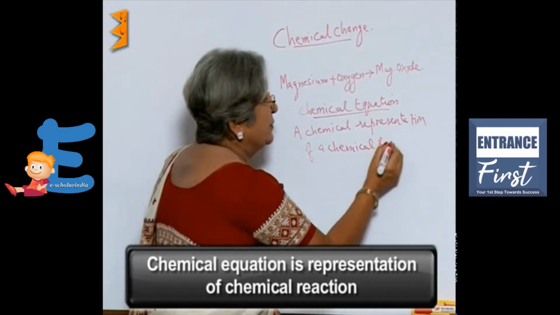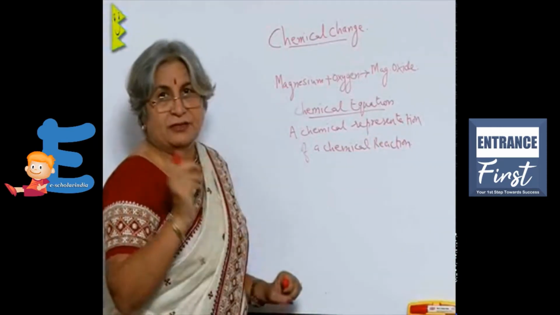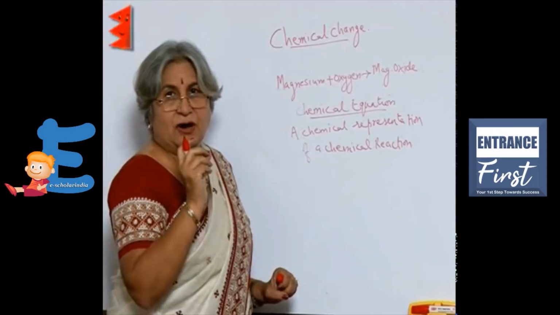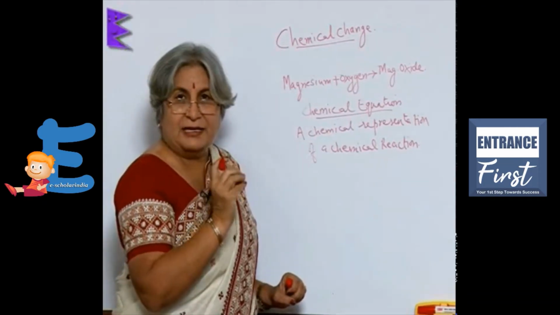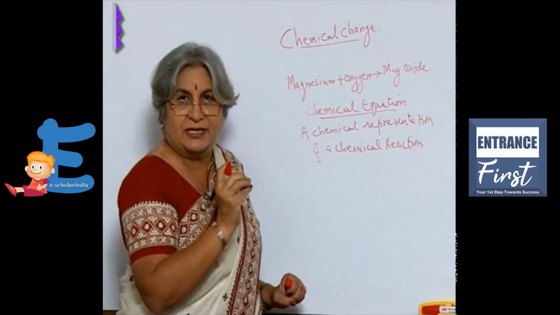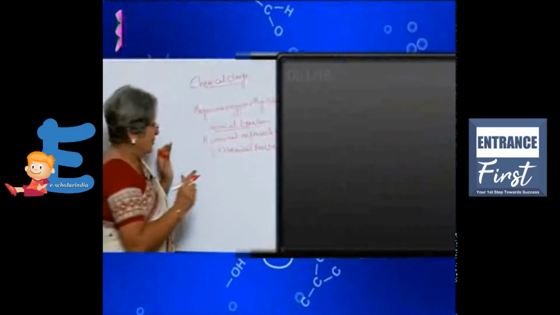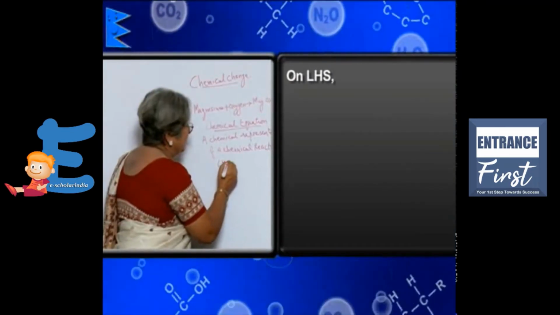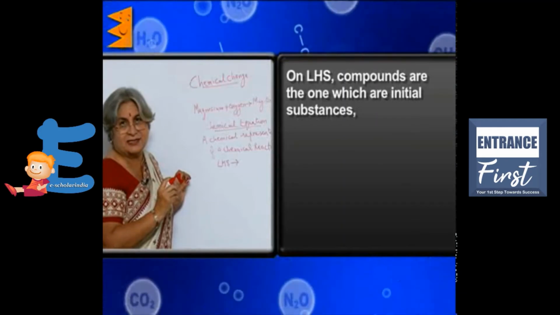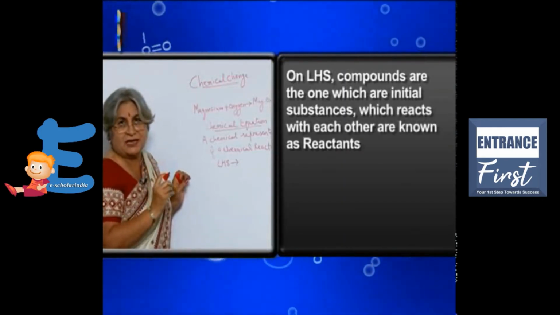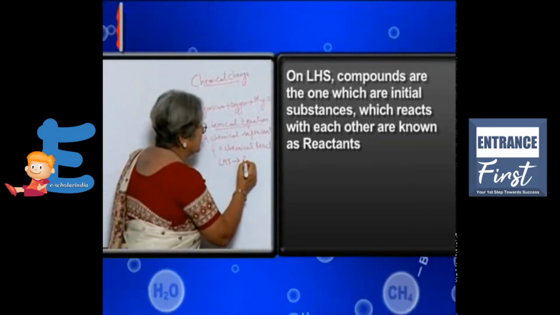So what we have used is, we have just used the words, and whatever two compounds or two elements or one element and a compound combined with each other or reacted with each other, they are written on the left hand side. So on the left hand side, the compounds are the ones which are initial substances. These initial substances that react with each other are called reactants.